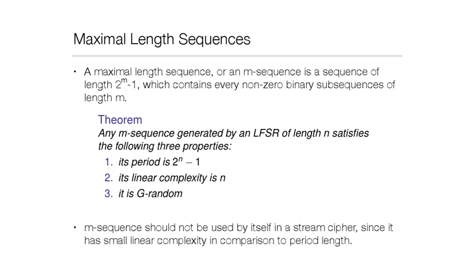Okay, so after that let's have a little bit of discussion about the maximum length sequences. The maximum length sequence, or M sequence, is a sequence of length 2 to the power m minus 1 which contains every non-zero binary sequence of length m.